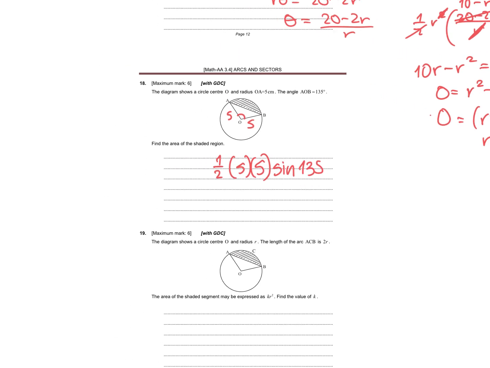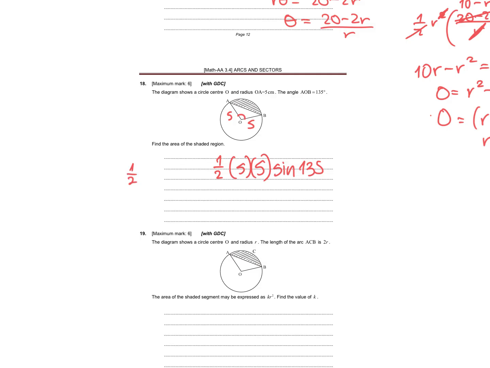And we need the whole area of the sector, which is 1/2. You can think of it as part of the area of the circle. Either you can change the 135 into radians, that's fine, and then just use 1/2 r squared theta, or you can think of this area of the whole sector as part of the area of the circle.